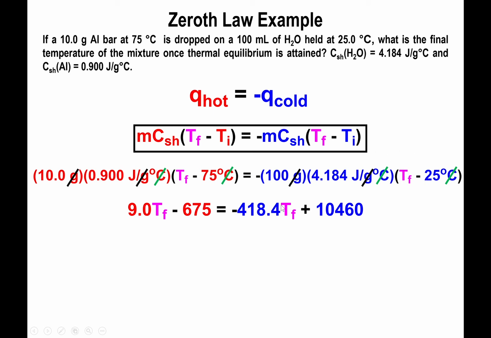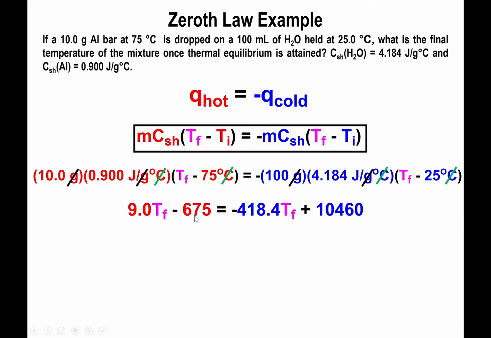We're going to get negative 418.4 TF and positive 10,460. Now, notice that I'm not only distributing 418.4, but also the negative along for the right. Now what happens is that we move all the terms with TF to the same side, and we move all the terms without TF to the opposite side.